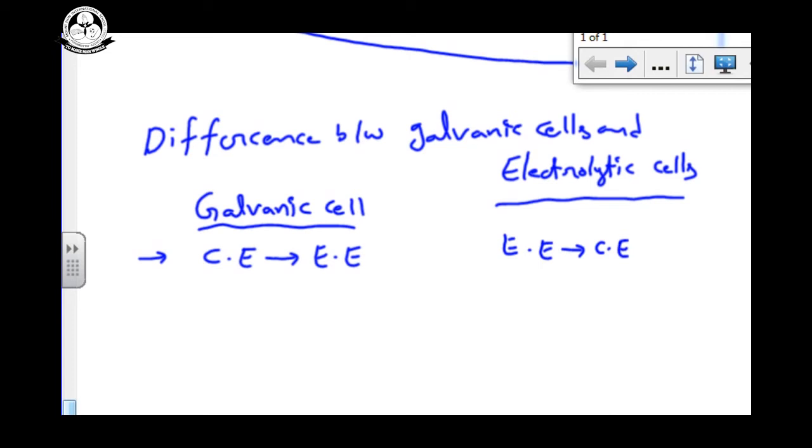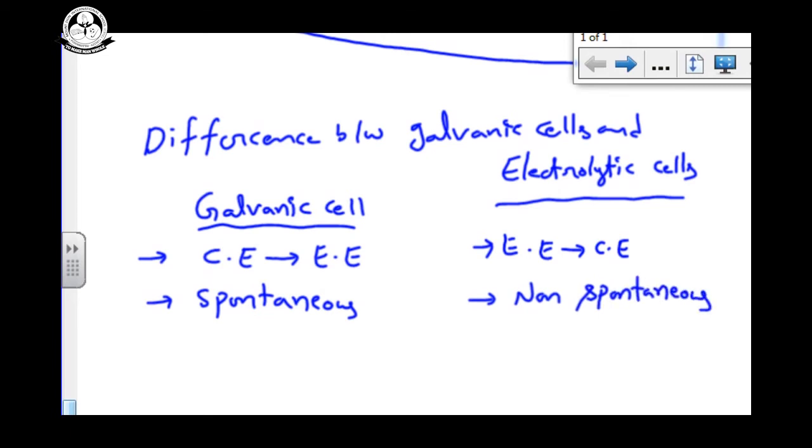Right? Now, galvanic cell is a spontaneous redox reaction, and electrolytic cell is a non-spontaneous redox reaction. As per thermodynamics, spontaneous means delta G is negative, less than 0.